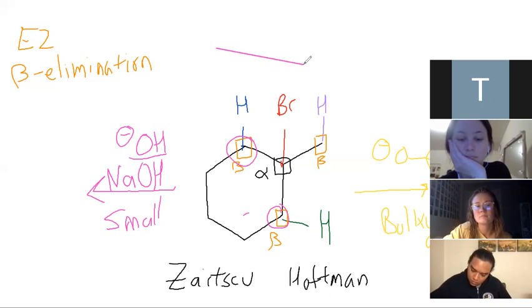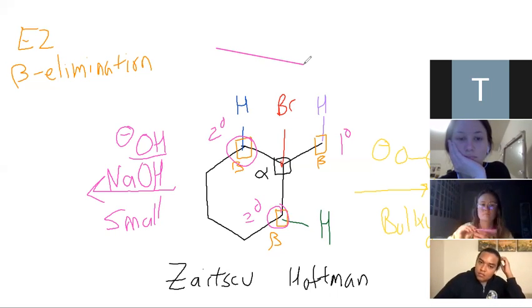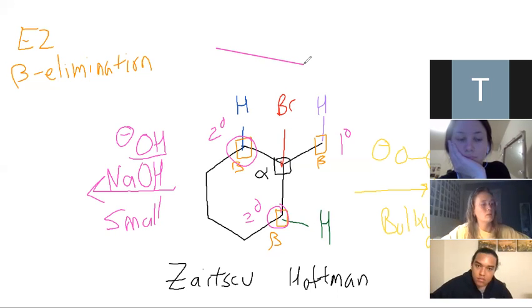So these two are secondary, and this one here is a primary. So the Zaitsev rule is if you have a small base, you will take the proton from the more substituted carbon.